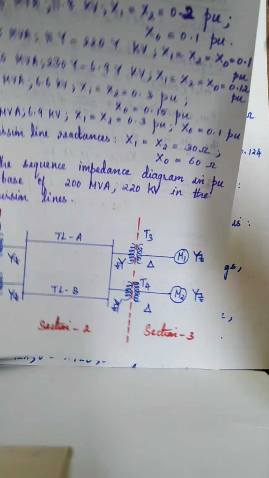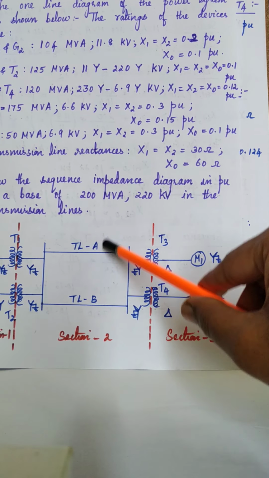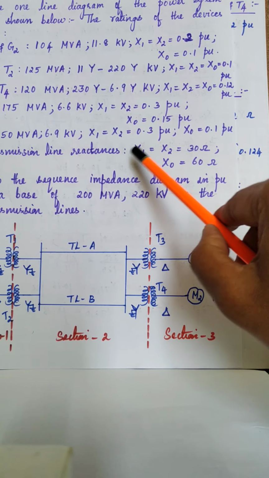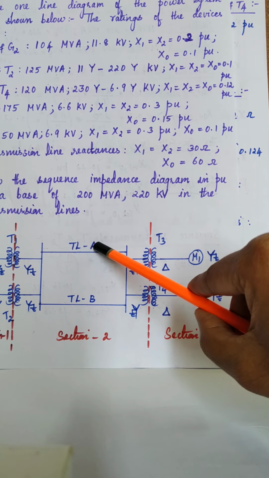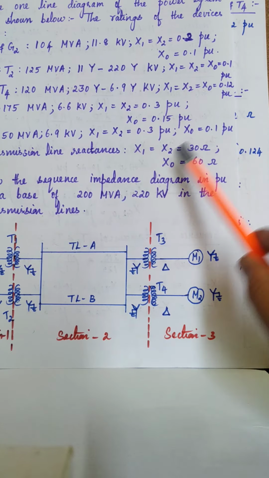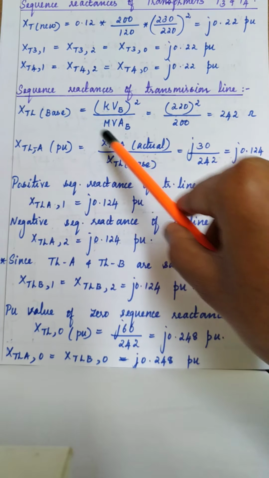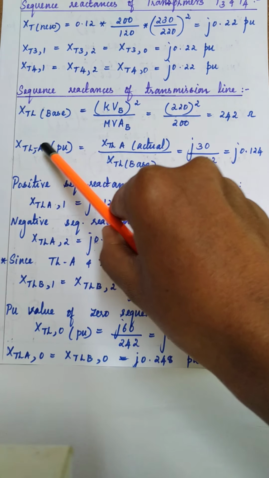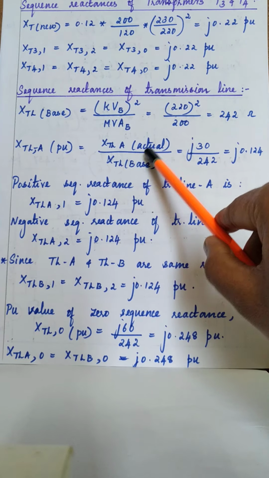Okay. So now we have two transmission lines, both are similar rated. Okay. So the positive sequence reactances and negative sequence reactances of transmission line A and transmission line B are 30 ohms. Okay. So XTLA in per unit is equal to, so per unit value of transmission line A is actual by base.